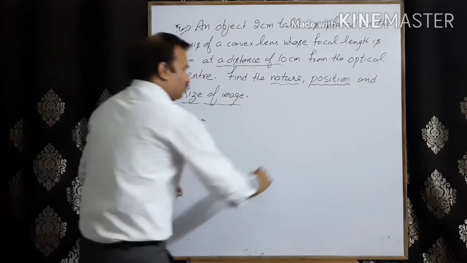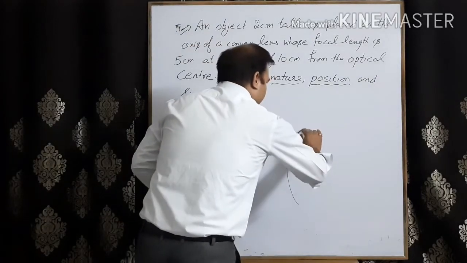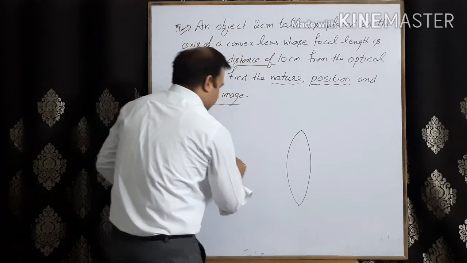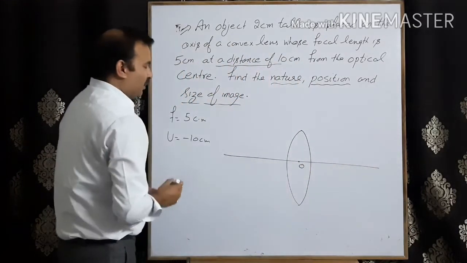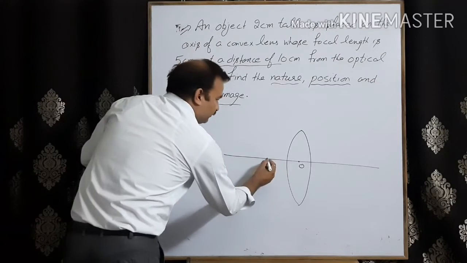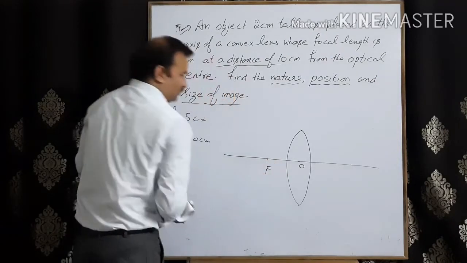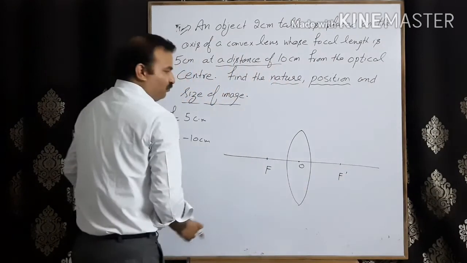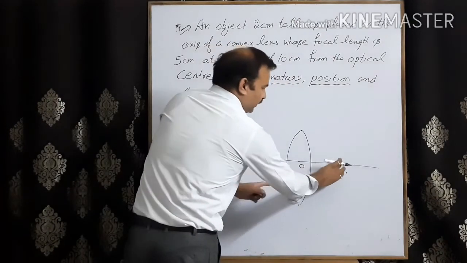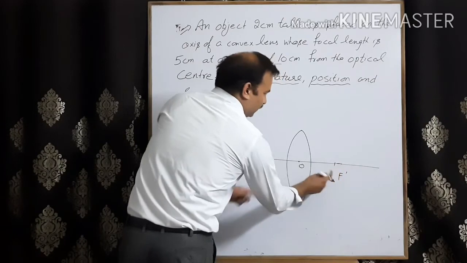Now please have a look at the diagram. Suppose this is a convex lens. This is the optical center. Now suppose this is the focus, and this is the other focus. We know that the focus is at the same distance from the optical center.